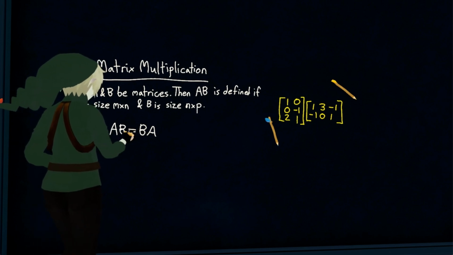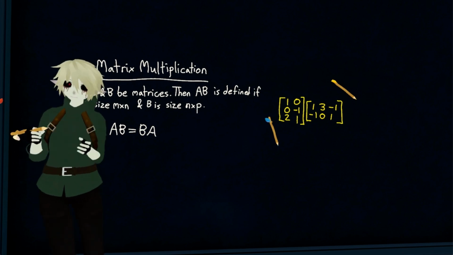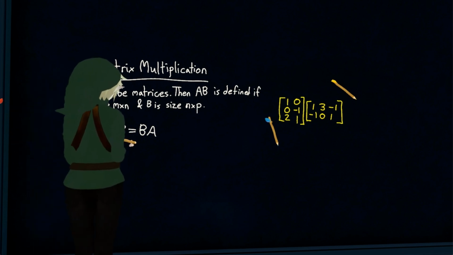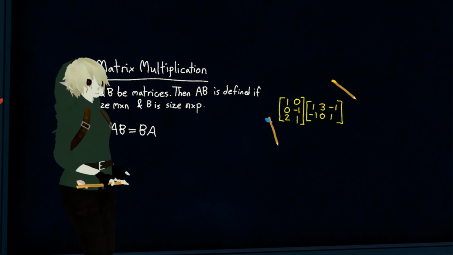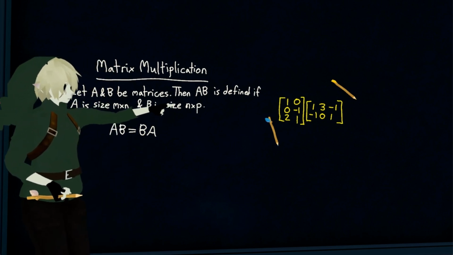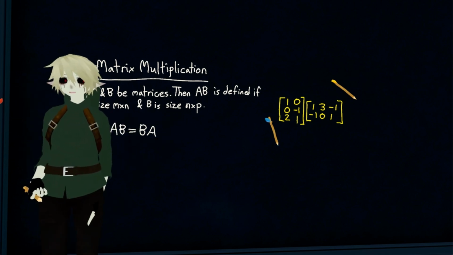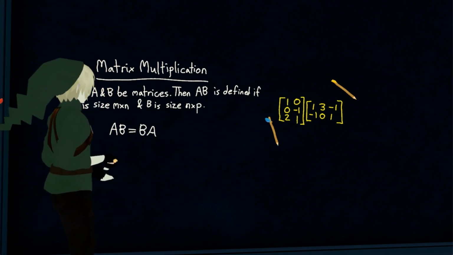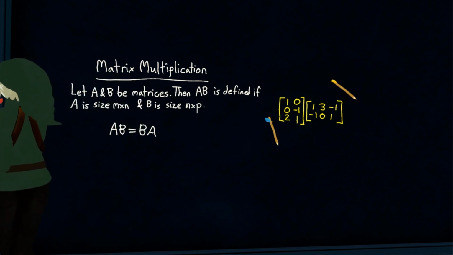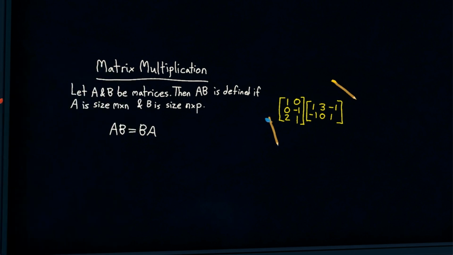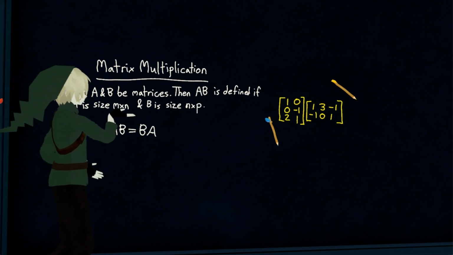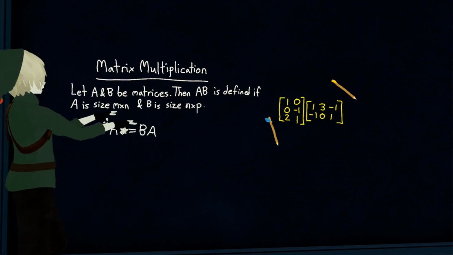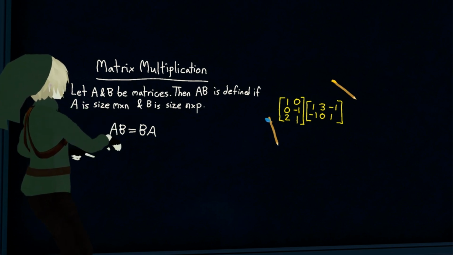Just because A times B does not always equal B times A. In this case, with that matrix right there, that yellow matrices, it will not satisfy this. Now, again, A must have a size m by n, and B must be n by p, where the n's have to be the same thing.